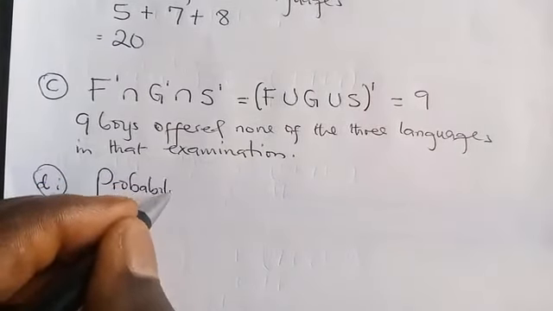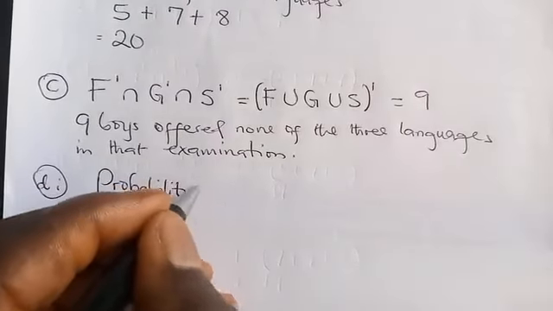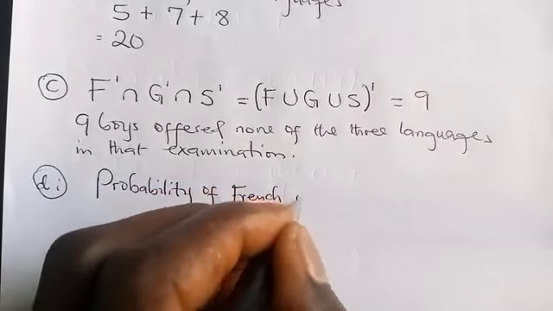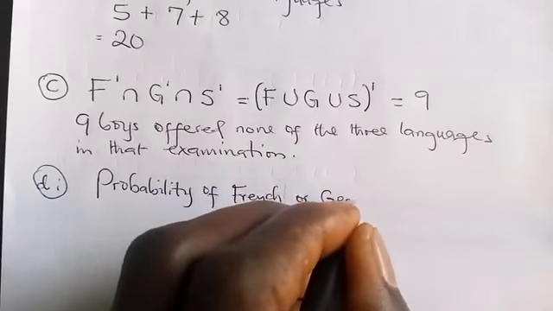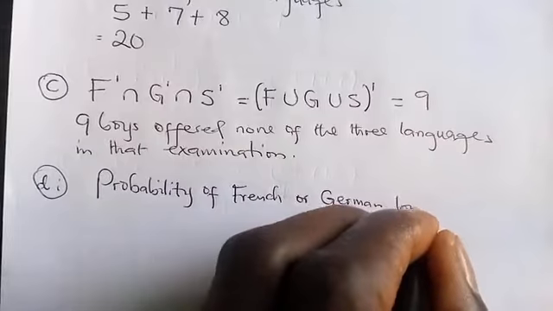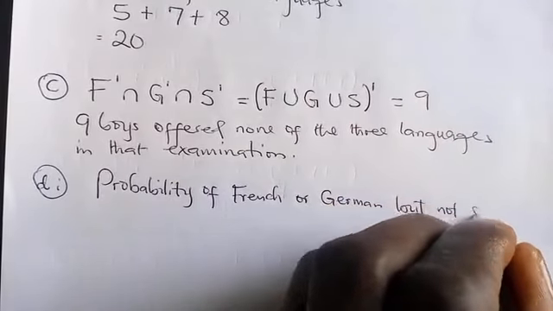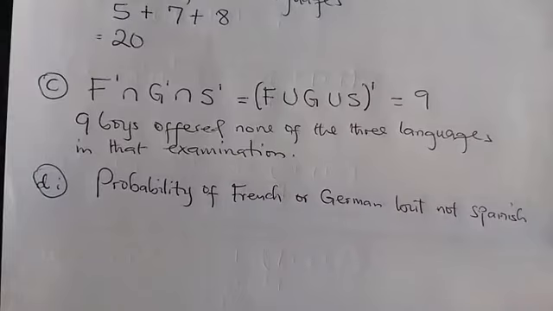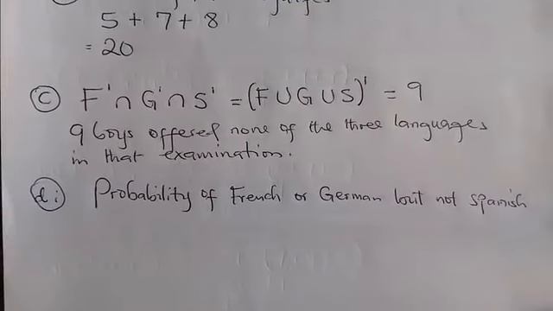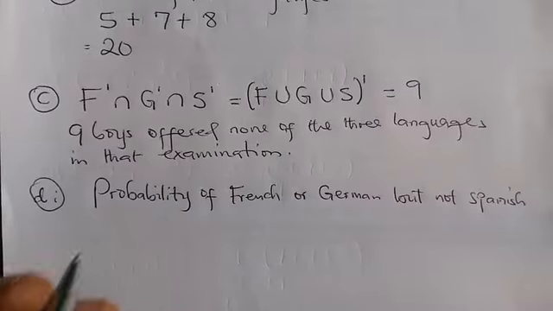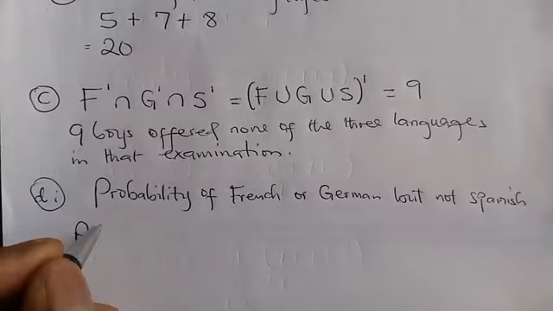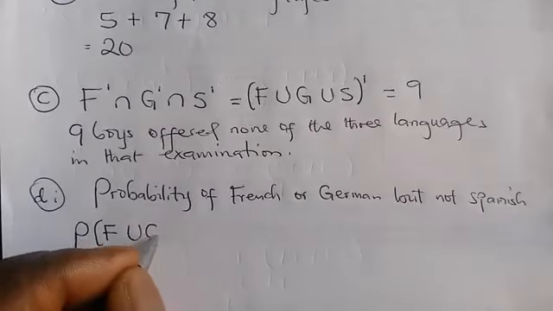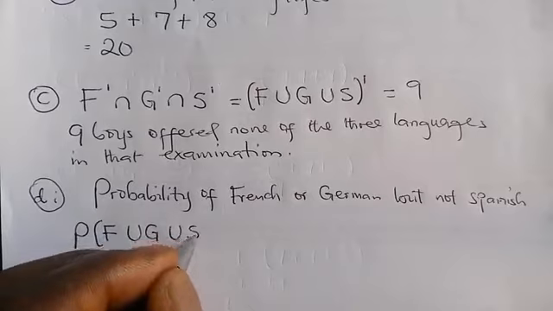Question D, I, we have the probability of French or German but not Spanish. So French or German but not Spanish, we have P, that's the probability of F union G union S prime.